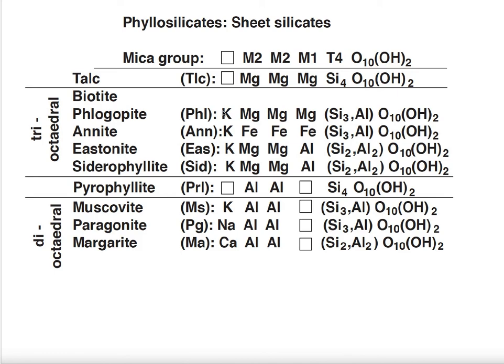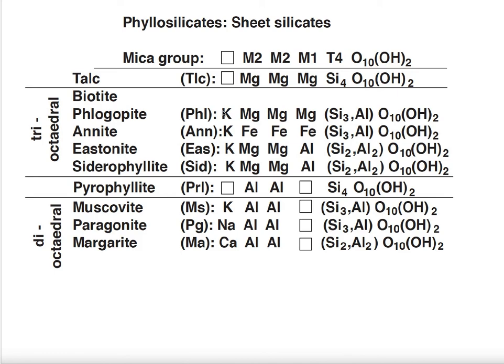You are replacing the Mg2 with Fe2. That means the siderophyllite is then no longer magnesium bearing, it is potassium Fe2 Al Si2 Al2 O10 OH2. So please replace the magnesium with the iron there.